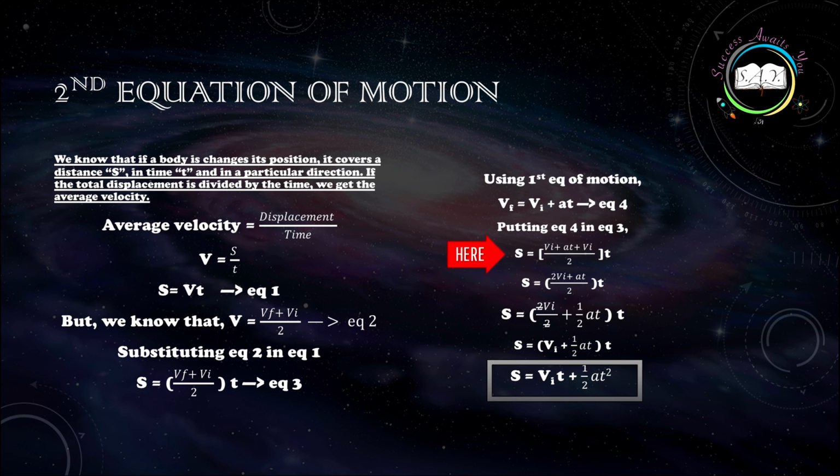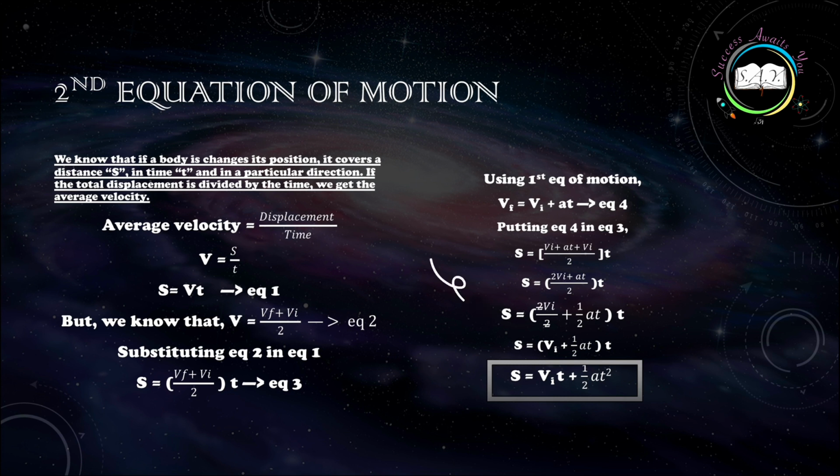Now put equation 4 in equation 3. That is, the equation becomes s equals vi plus a t plus vi upon 2 multiplied by t. Add both vi. The equation becomes s equals 2vi plus a t upon 2 multiplied by t.